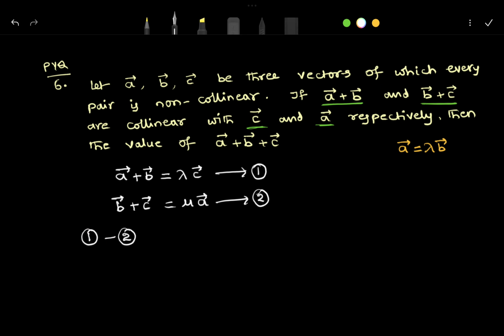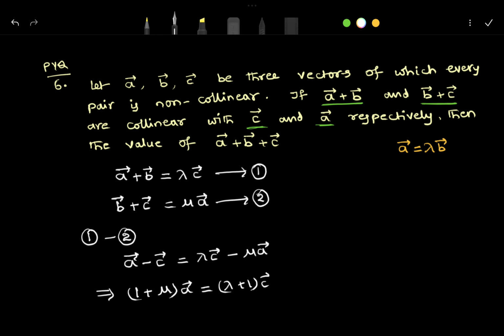1 minus 2 means you can write that A bar minus C bar is equals to lambda into C bar minus mu into A bar. So after this one, you get the left hand side, that is, 1 plus mu into A bar is equals to lambda plus 1 into C bar.